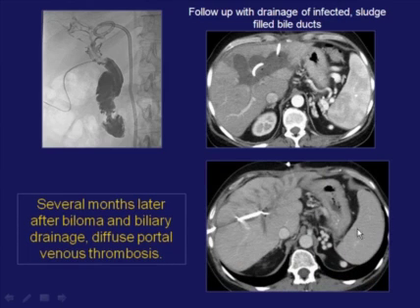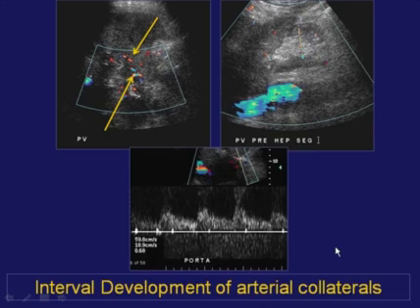Interestingly enough, however, several months later, after the biloma was cleared, we noted that the patient had developed diffuse portal vein thrombosis. Though he was doing much better, you can see the varices increasing in size. The patient also was having sonography during this period, and it was clear to us that the portal vein had thrombosed.